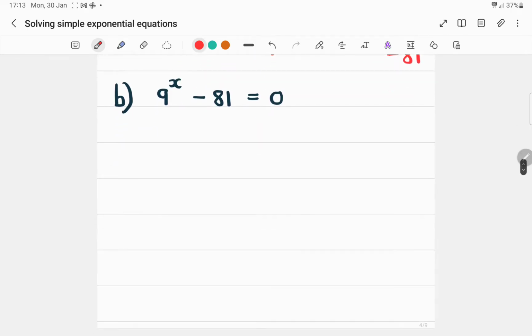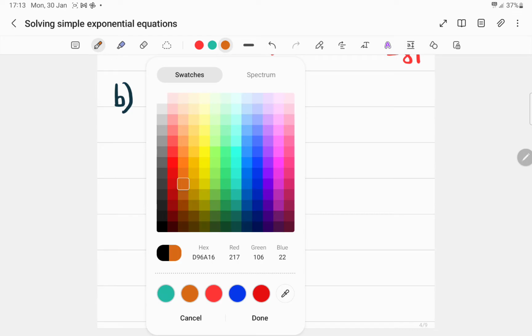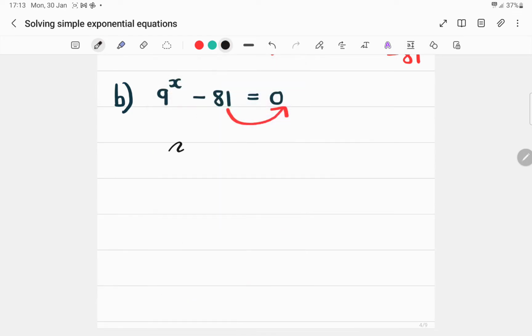All right, the next example, all they want us to do is just to carry it over so that we've got 9 to the power x is equal to a positive 81. We're going to make each side a product of its primes.